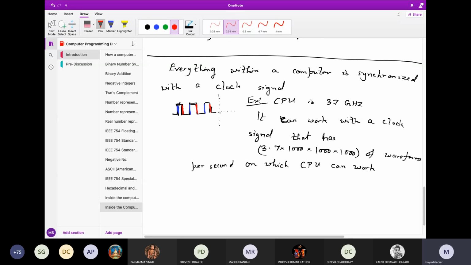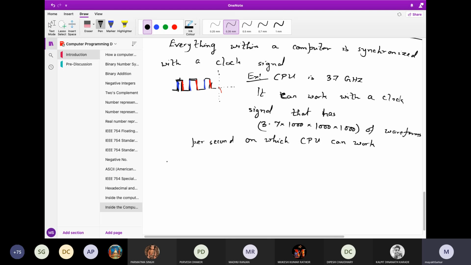This is called the falling edge, that is going from high to low. For ease of discussion, we will consider any one of them, say the rising edge. That means every operation happens at the rising edge, or, as I've said, maybe the falling edge of the clock signal.